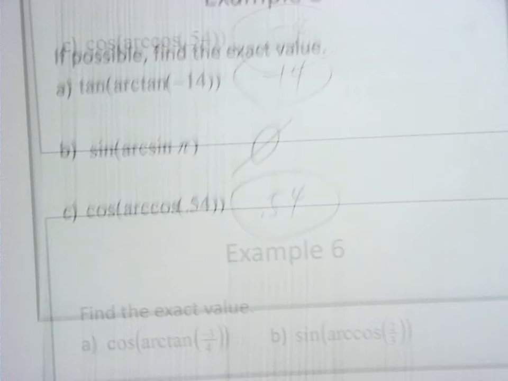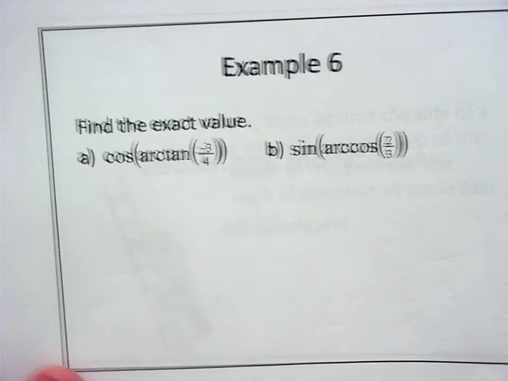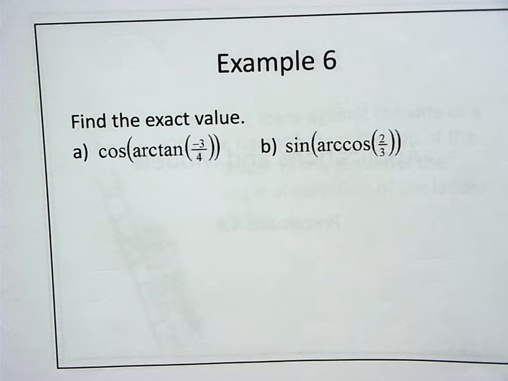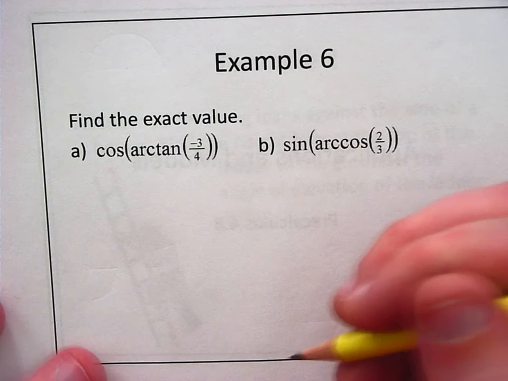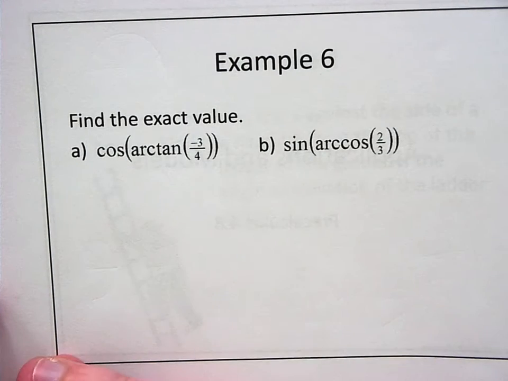Now the other nice thing here is you can actually figure out some kind of bizarre combinations. For these, its exact value, unless it asks specifically for approximate to 3 decimals or something like that, it's assumed to be exact value. For this, cosine of the arctangent of -3/4, I'm going to cheat a little bit.